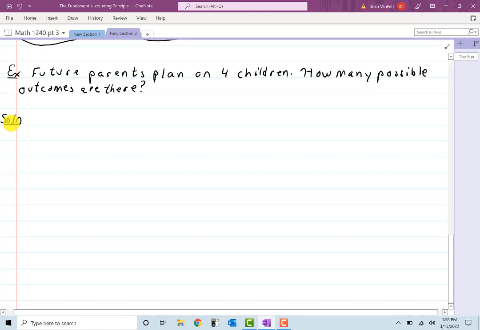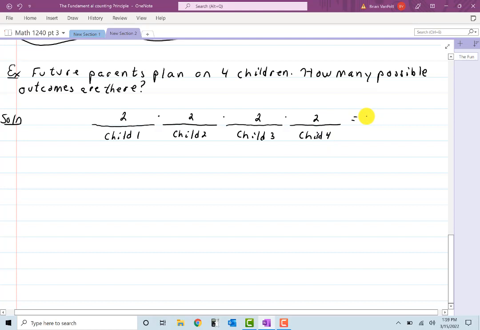So we are considering each child a new and independent event. So let's mark and see how many we can have here. Child 1, that's the first child, can be either a male or a female. For the second child, you can also have a male or a female. Child 3, a male or a female. And child 4. That equals 2 to the 4th, which is equal to 16.